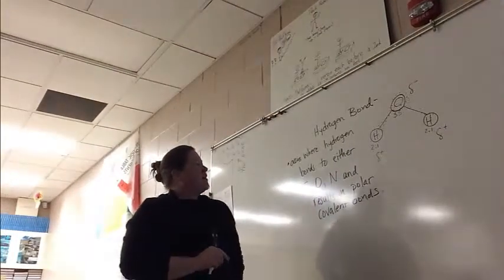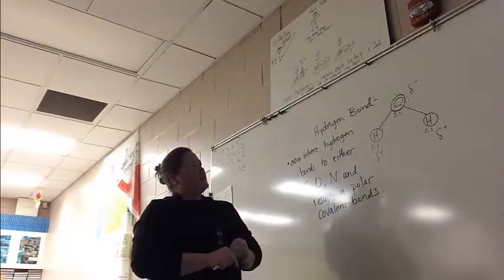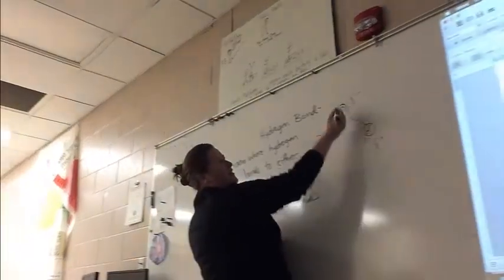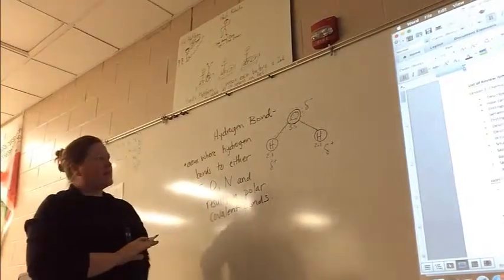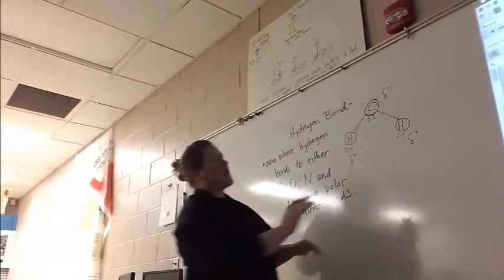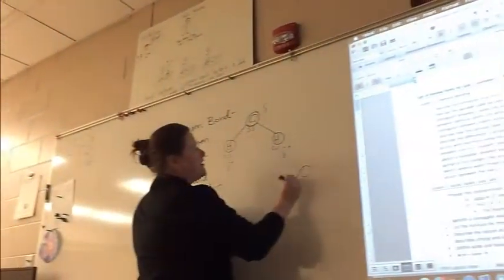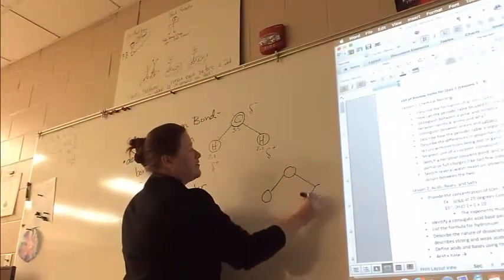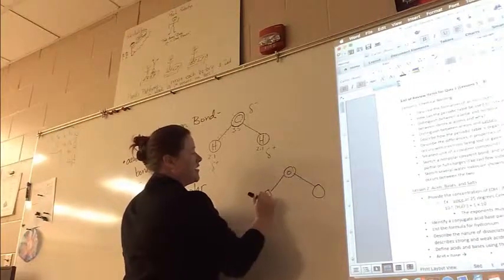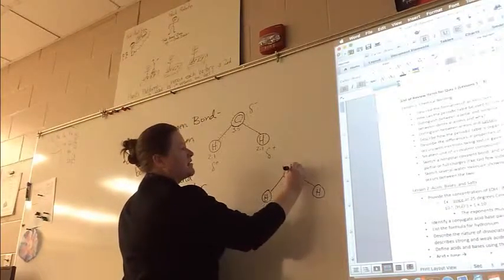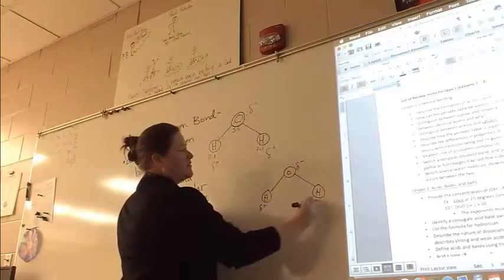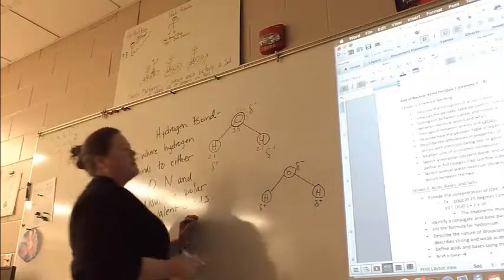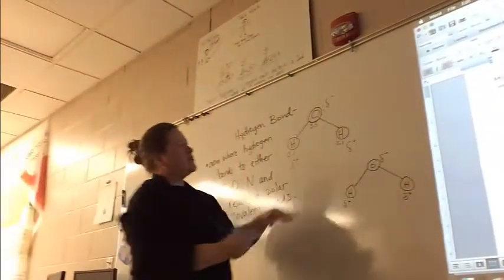And what happens is, because you have slightly charged molecules, between molecules there is an attraction. So if you have another water molecule right here, with oxygen and hydrogen, and its slightly negative end here, slightly positive, you have these attractions between these forces.